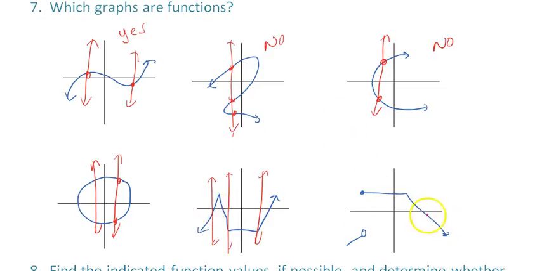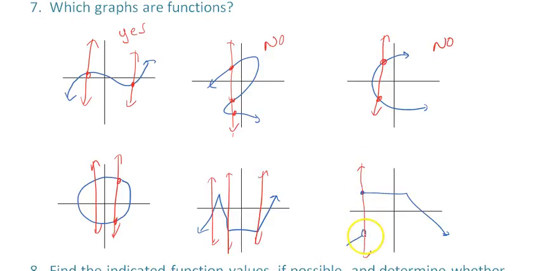This last one is a piecewise function. Some of you may have seen those, some of you may not have. It doesn't overlap anywhere except right here. Everywhere else, if I drew a vertical line, it would only touch in one place. But the question is right here, this line through these points.